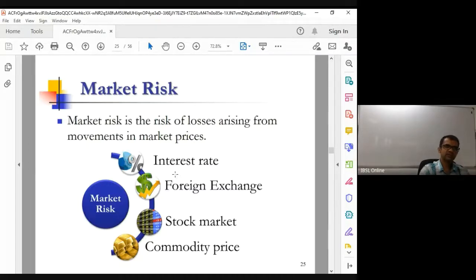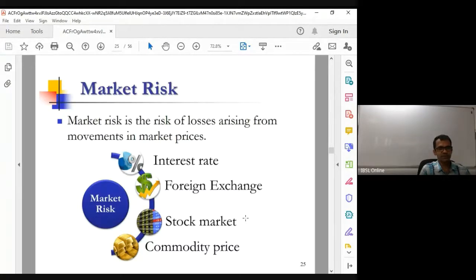Then the other variable is foreign exchange. With foreign exchange rate changes, the value of assets, liabilities or transactions may change. Financial institutions may incur a profit or loss with the change in foreign exchange rates. The third one: there are banks or financial institutions which have exposure to or investments in the stock market, equities, especially investment banks.